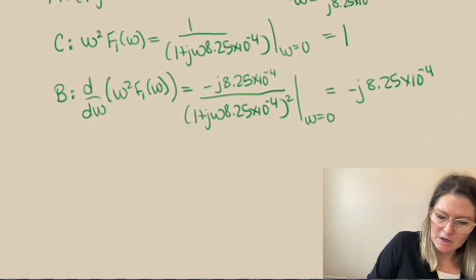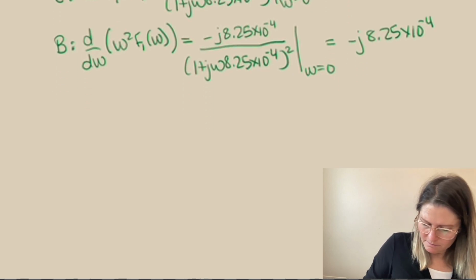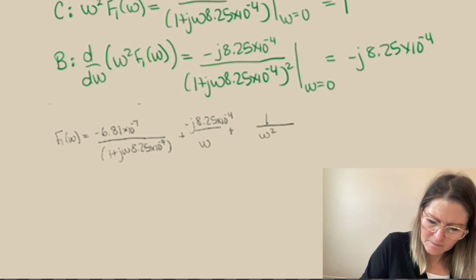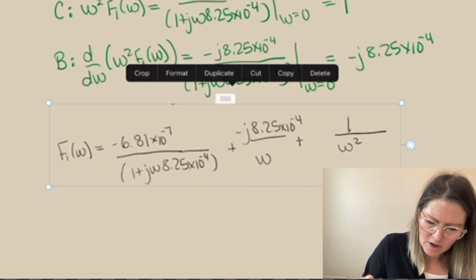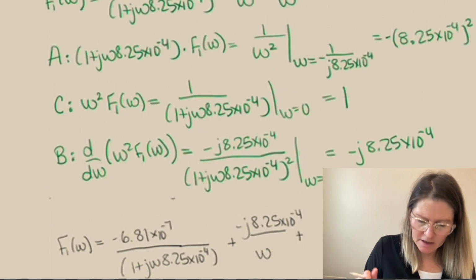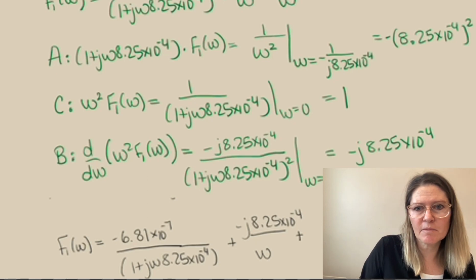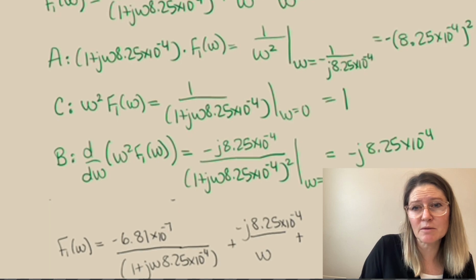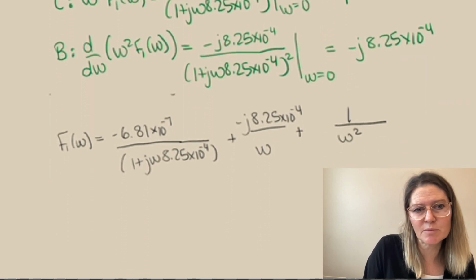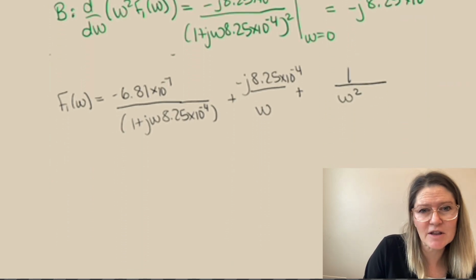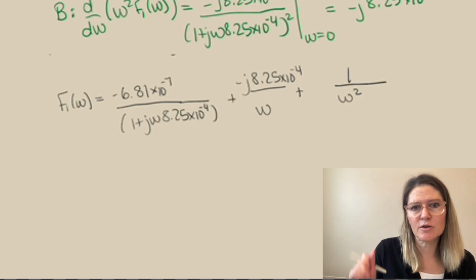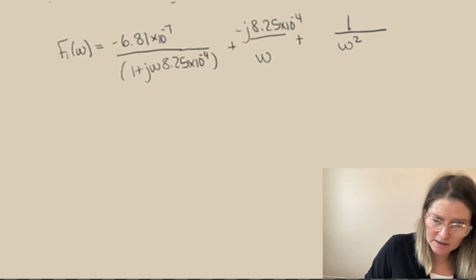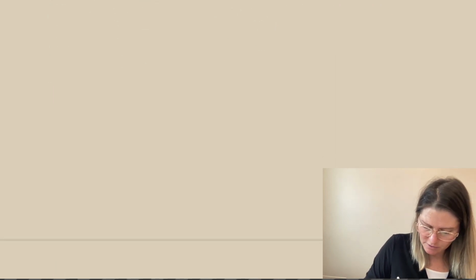And so now my F1, if I plug those back in, the minus 8.25 times 10 to the minus 4 squared becomes a minus 6.81 times 10 to the minus 7th. And then I plug in the other numbers, so my F1 of omega looks like this. And now I need to look for F2 of omega.